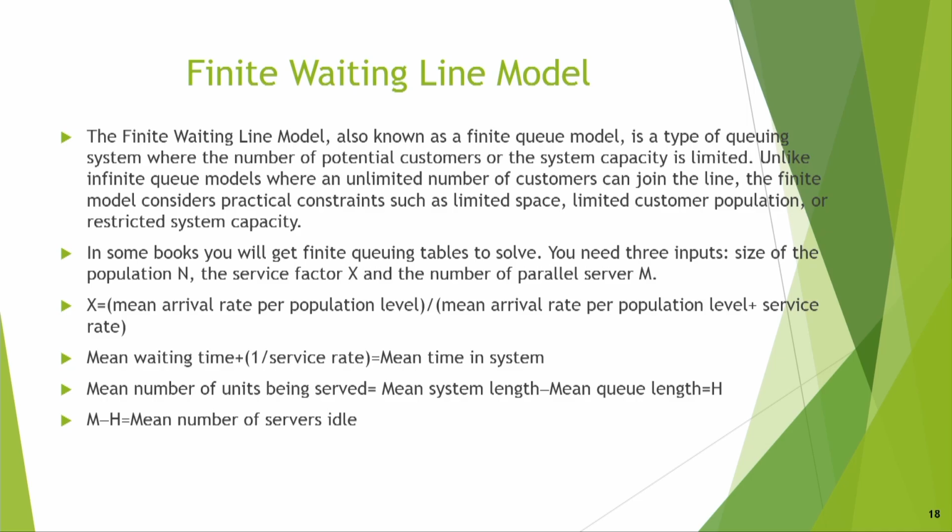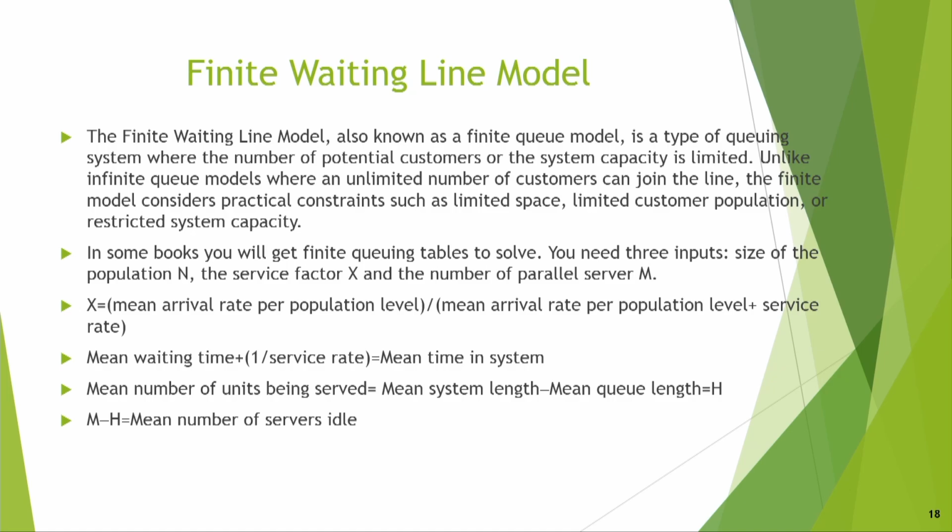This I have taken from the book of Buffa and Sarin. You can also see the book of Buffa and Sarin, but we will not teach in much detail. So, x is the service factor: x is equal to mean arrival rate per population level divided by mean arrival rate per population level plus service rate. Okay. So, mean waiting time plus 1 by service rate is equal to mean time in system.